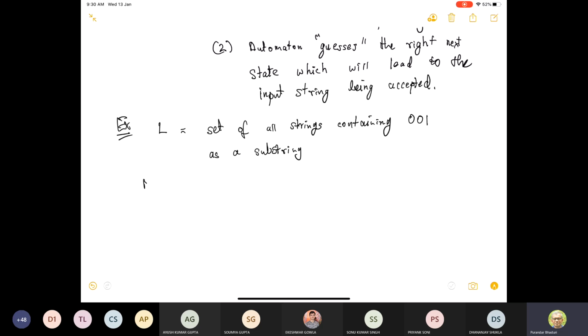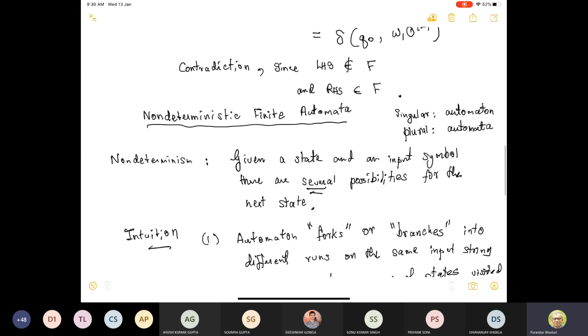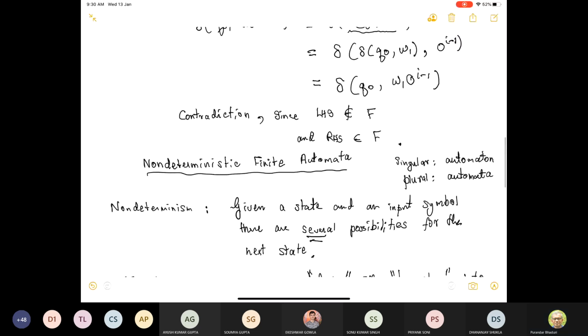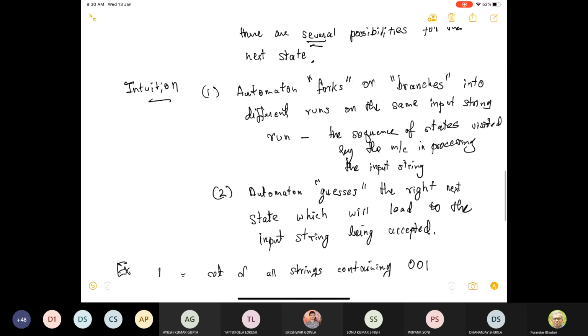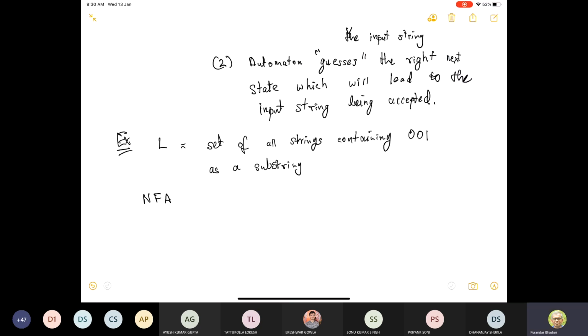Here's an NFA. What is an NFA? A non-deterministic finite automaton. So here's an NFA. This is very simple. Often writing an NFA is much simpler than writing a DFA. It has just these four states which we saw earlier, right?